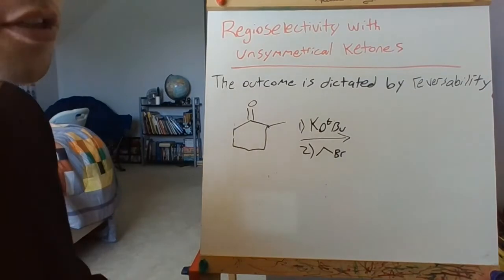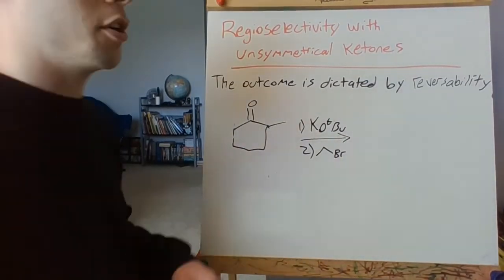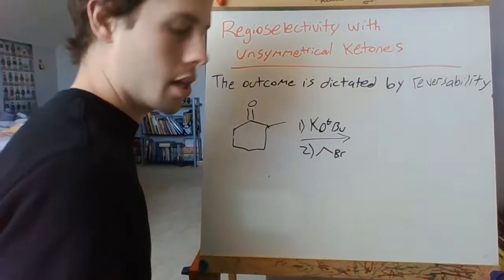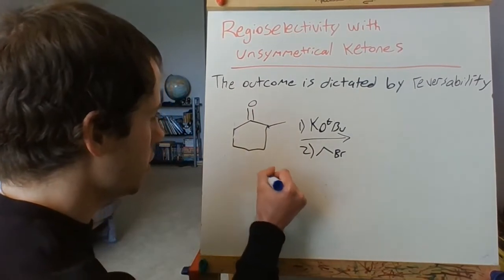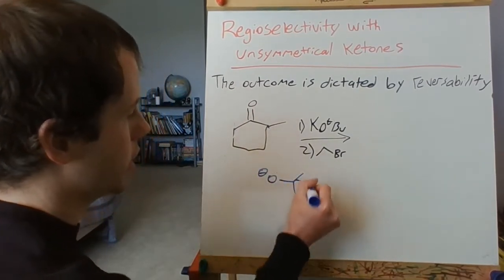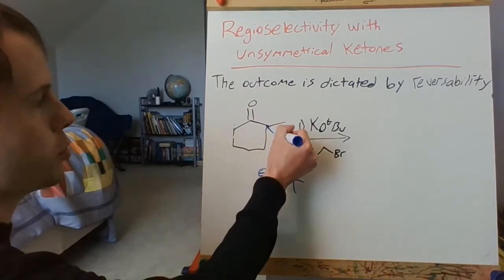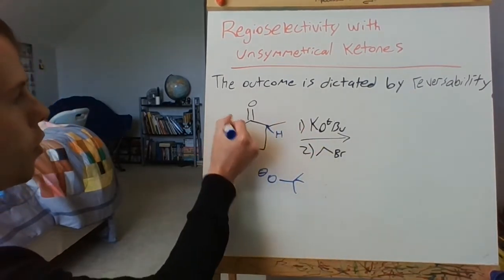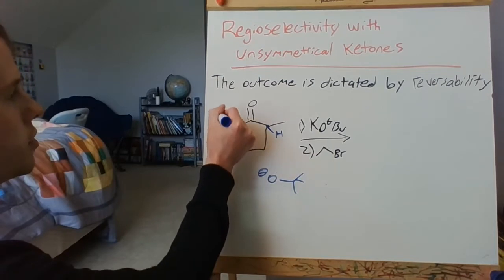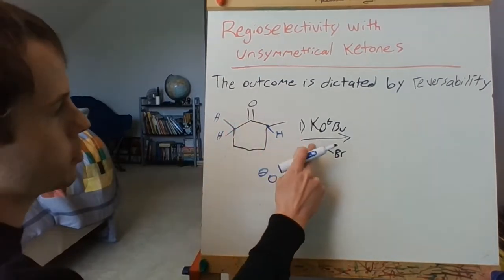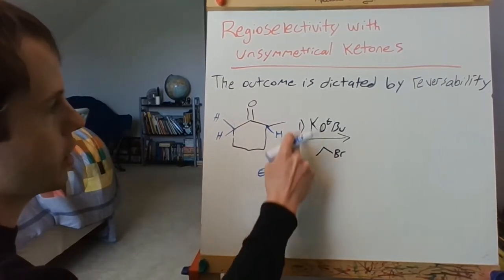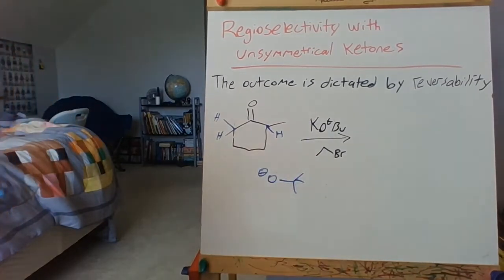So instead of treating this with sodium hydride, let's treat it with potassium tert-butoxide. Potassium doesn't mean anything, so we get a tert-butoxide anion that looks like this. And it has the option of deprotonating this hydrogen or deprotonating this hydrogen. Remember that actually in this reaction, everything is combined together, so we don't have two different steps.